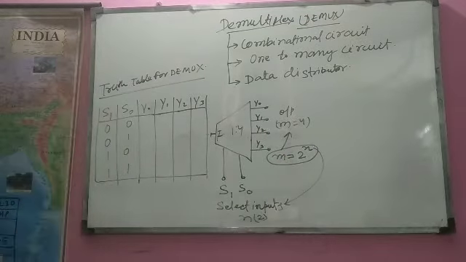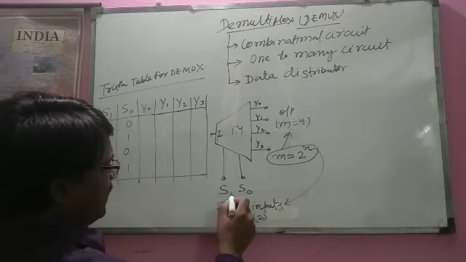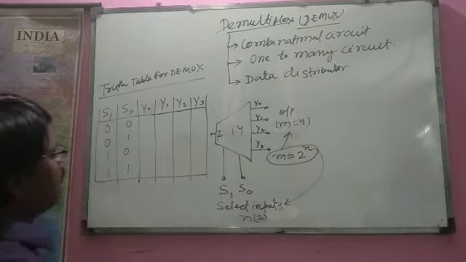That is very simple. What will happen when S1 is 0 and S0 is also 0?